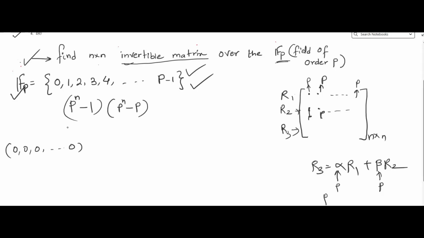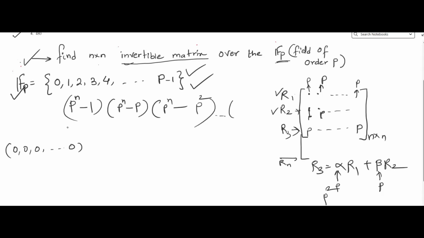So there are total p squared choices such that R3 will be a linear combination of R1 and R2. For all the elements of the third row there will be p choices, so there are total p raised to n, and from that I have to subtract p squared, because these p squared choices are such that the third row is a linear combination of R1 and R2. Similarly for the nth row also.